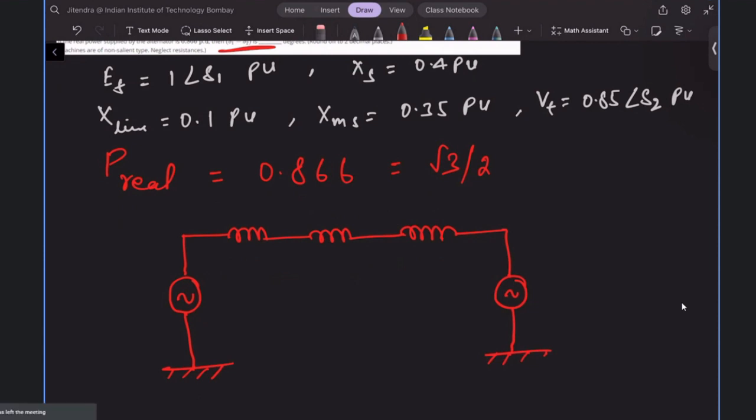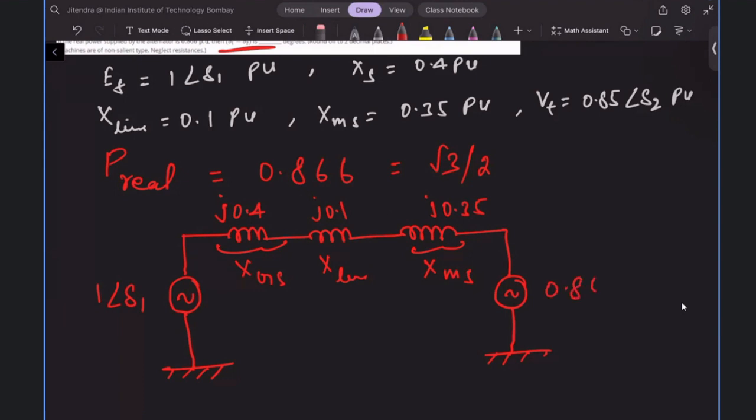So it will be EF, let us write in terms of numbers: 1 angle delta 1. Then j0.4 is the synchronous reactance of the generator, this is the reactance of the transmission line, and this is the synchronous motor with 0.35, and it is also given 0.85 angle delta 2.